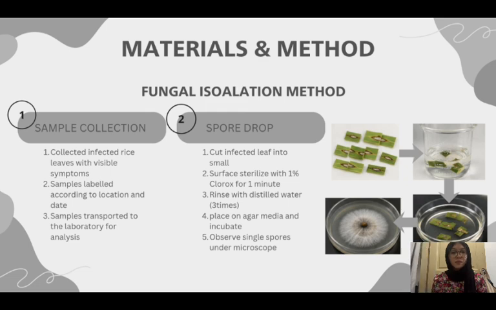The infected leaves will be cut into small segments, surface sterilized using 1% Clorox for exactly 1 minute. This is to eliminate surface contaminants, and then rinsed 3 times with distilled water. The tissue segments will be placed onto agar media and incubated to allow fungal growth, allowing us to eventually isolate single spores under the microscope for pure culture propagation.